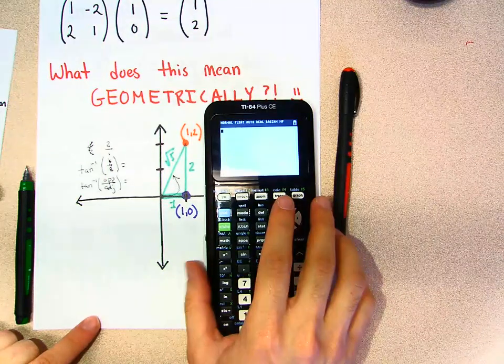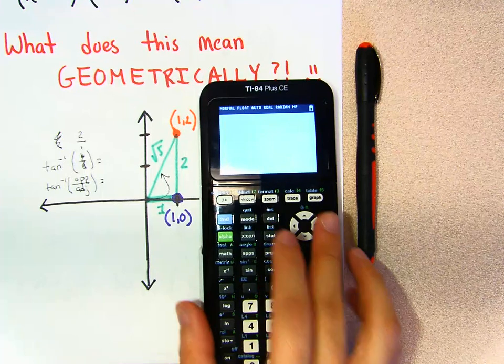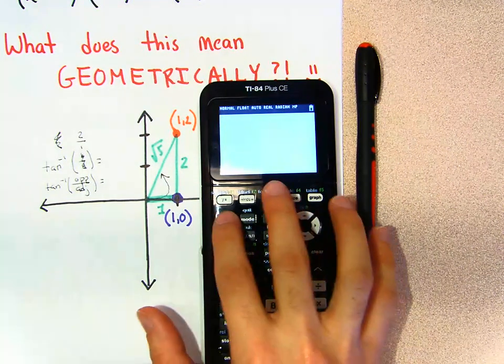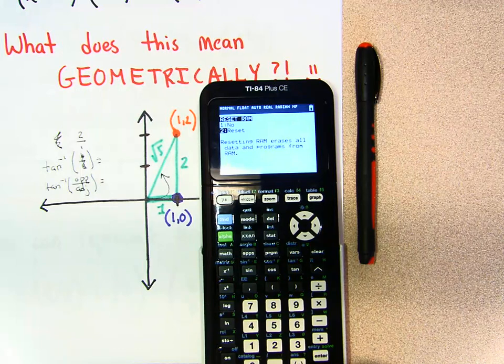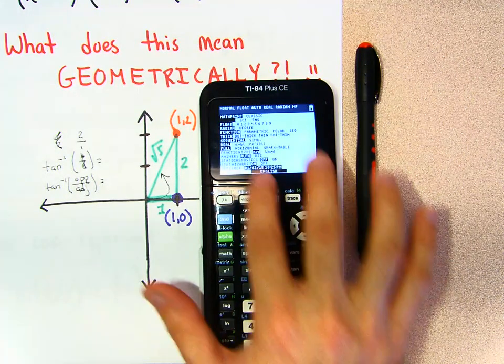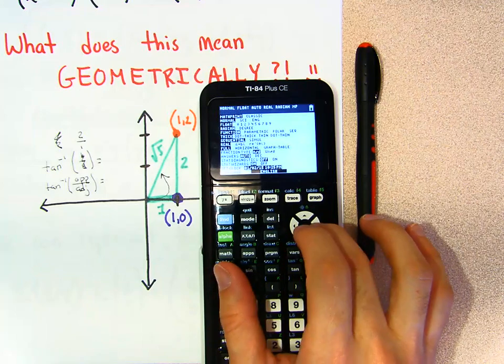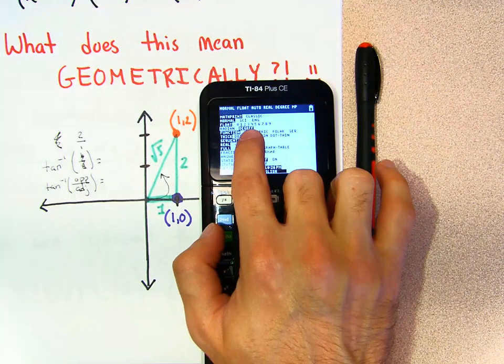So if I turn my calculator on, let me fix the camera a little bit. Let's reset the calculator. So second, memory, go to reset, enter, all RAM, reset, okay. Now if I go to mode, and here I want to go to degree, I hit enter. Okay, so now our calculator is in degree.